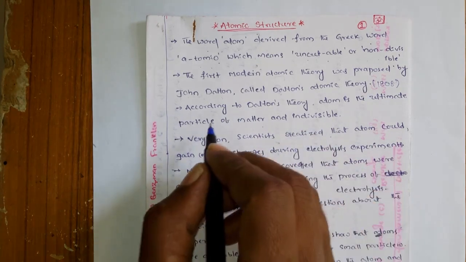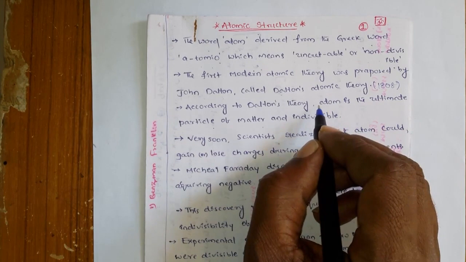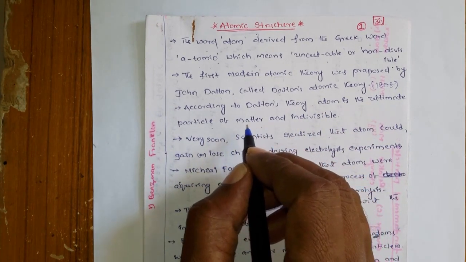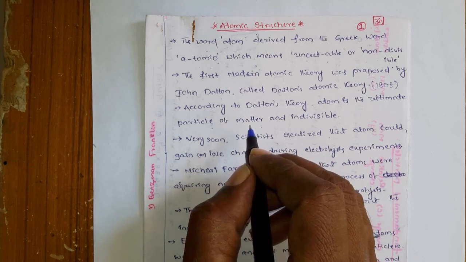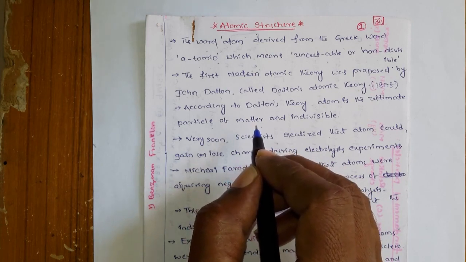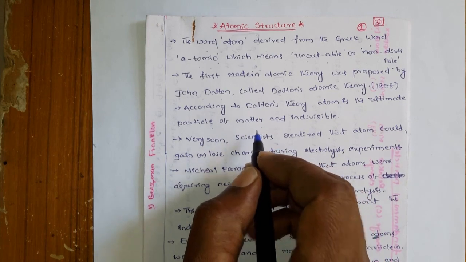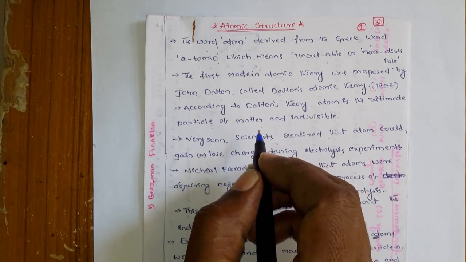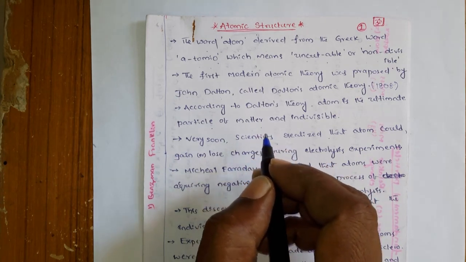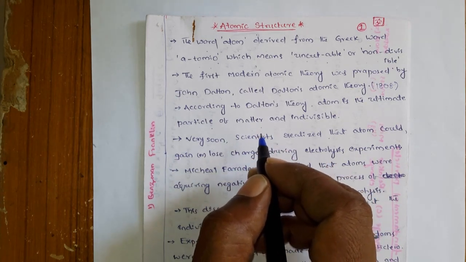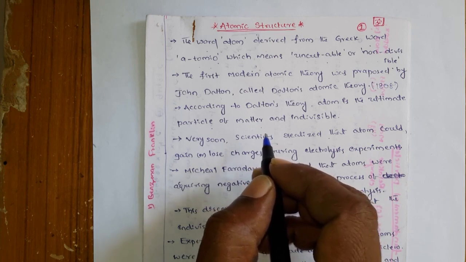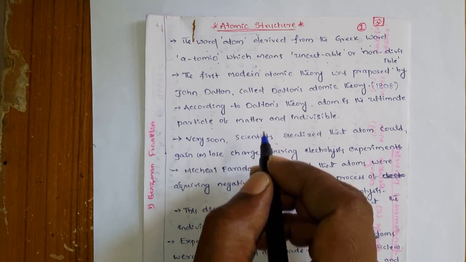You know that whatever matter is in the earth or in the universe is made up of small tiny particles. Take any iron or any plastic, it is made up of small teeny particles.